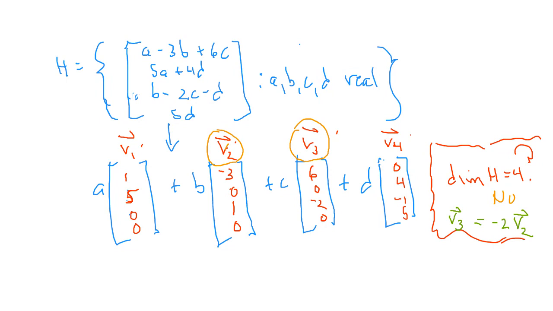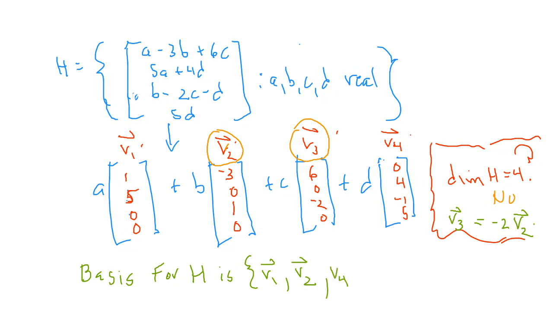Well, let me ask you this. So a basis for this space H. Let's say we're going to have V1 in there and V2 in there. They're clearly linearly independent. We don't need V3, because V3 is a multiple of V2.